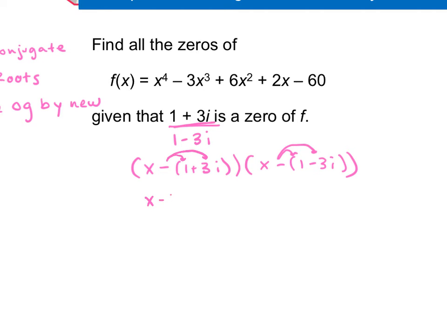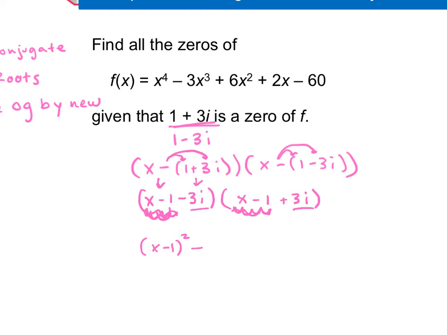So this is x minus 1 minus 3i, and this one is x minus 1 plus 3i. So now we have 2 conjugates. Our first term is this x minus 1, and our second term is 3i. So we are going to square the first one and square the second. So we have x minus 1 squared minus 3i squared.